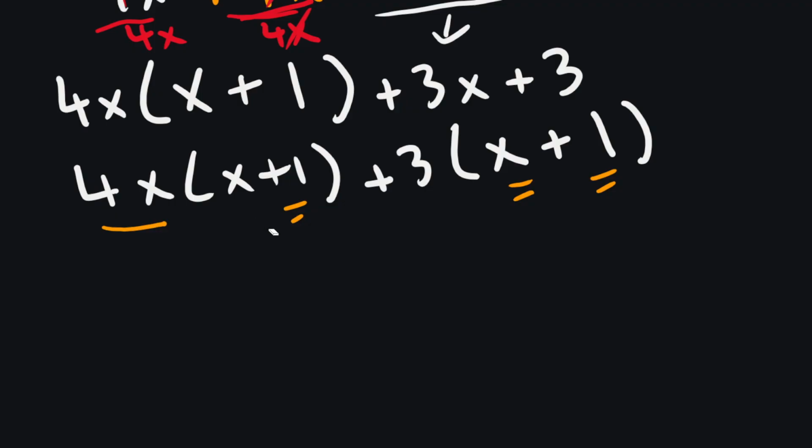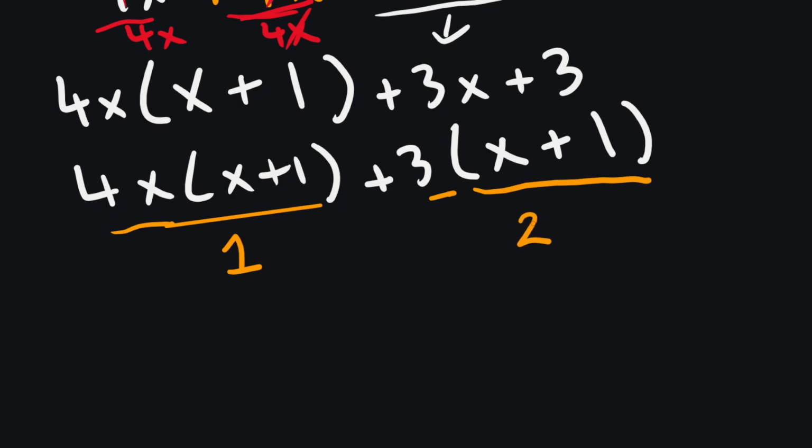But if you treat the whole parentheses as one term, there are actually just two terms here. There's the 4x times the entire set of parentheses, this is all term 1. And then right here, plus 3 times this entire set of parentheses, so this is the second term.